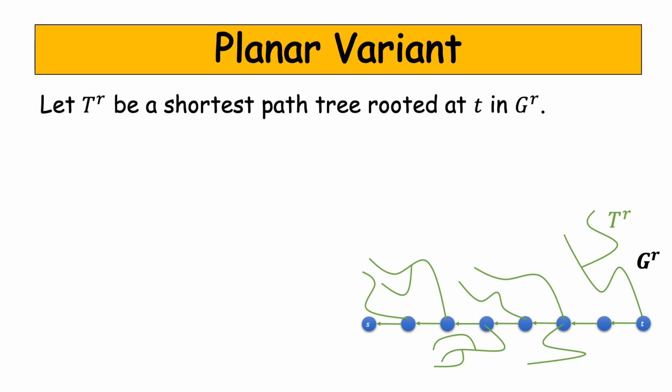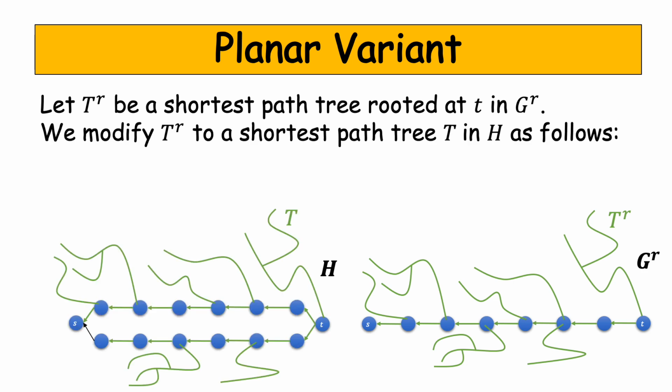And now our goal is to convert this tree to a new tree in the graph H, because we are going to use the MSSP algorithm for the graph H. We can do so as presented by the image. It's pretty straightforward. We just need to replace the path PR with the 2 new paths going out from T, as in the image.